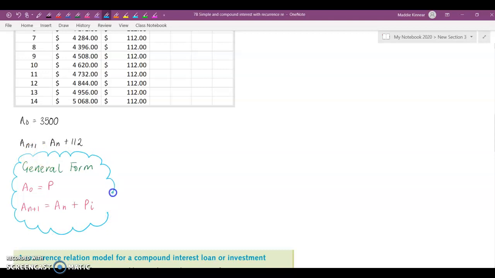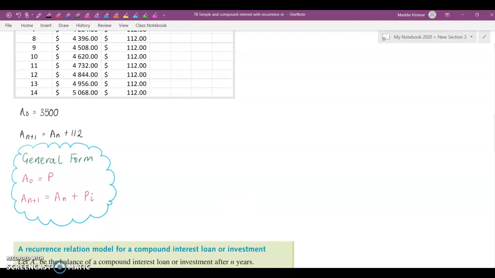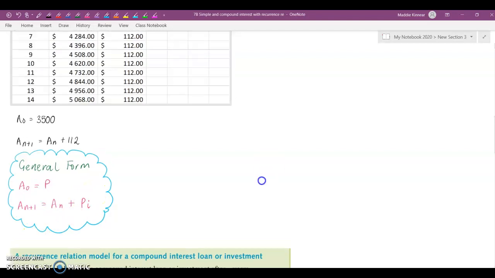So it doesn't matter what principal or interest rate they give you, if you were to create a recurrence form, A0 will always equal your principal, and the relation will always be A(n+1) equals A(n) plus your principal times its rate of interest.